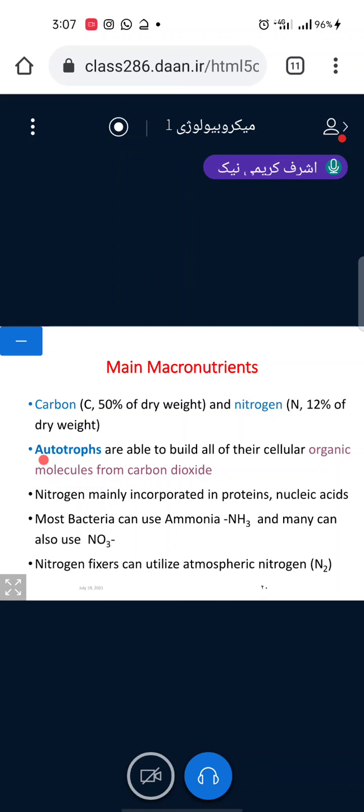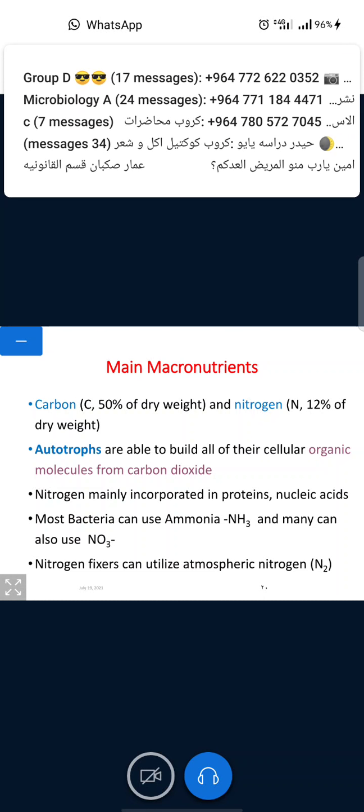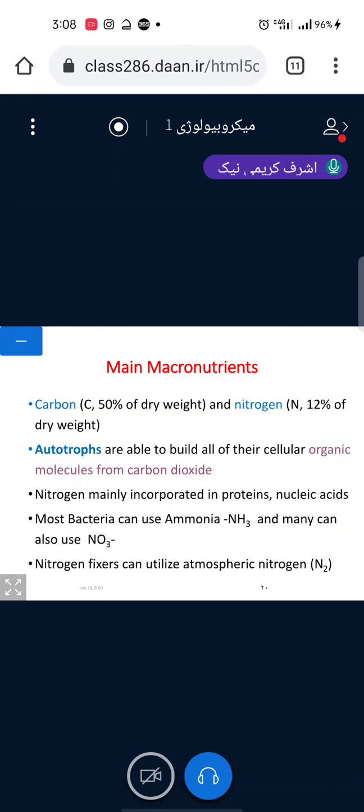Autotroph. We divide organisms by carbon source into autotroph and heterotroph. You can classify organisms as autotroph and heterotroph.